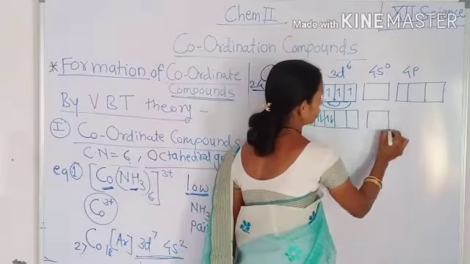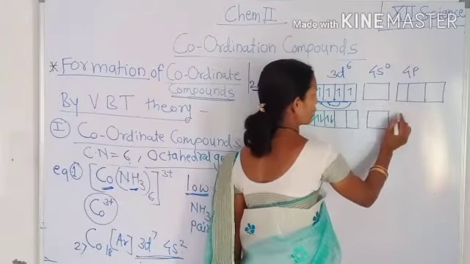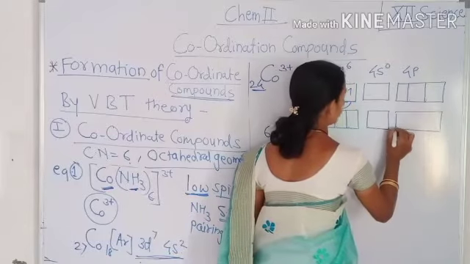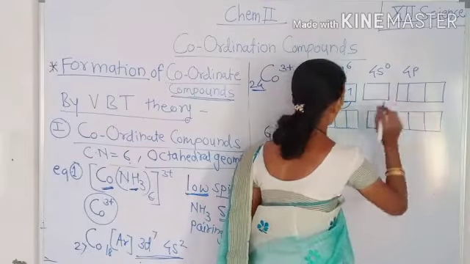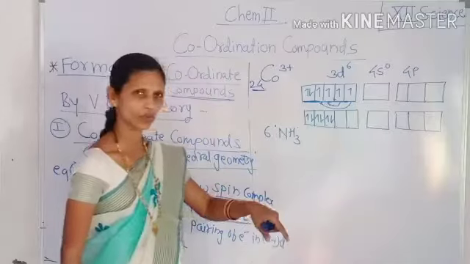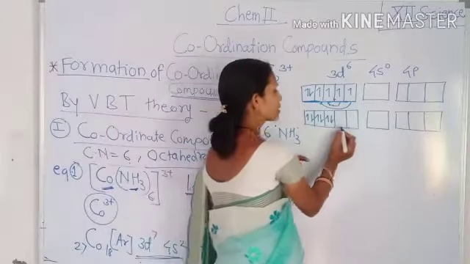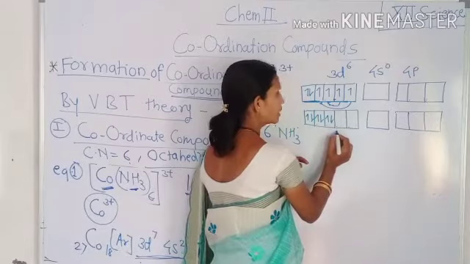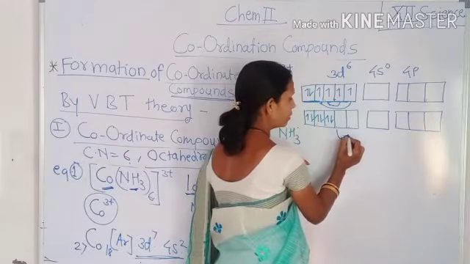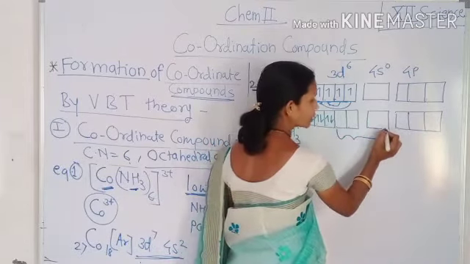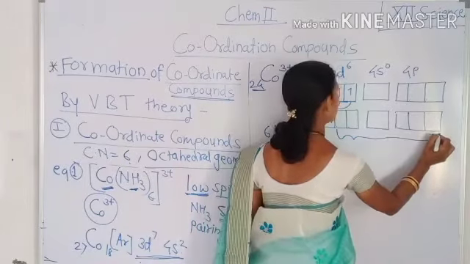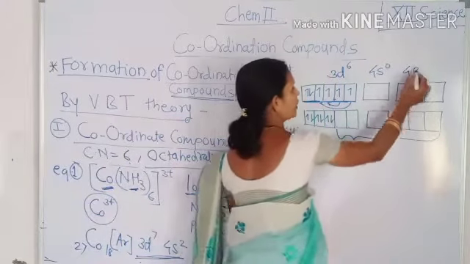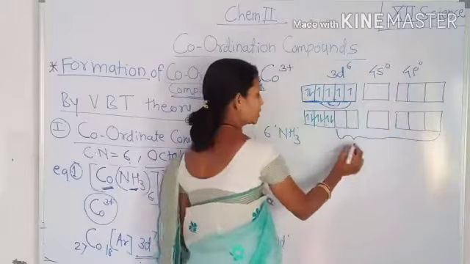And see here, the 4s orbital is vacant and the 4p orbitals are also vacant, and therefore these 6 orbitals, that is two 3d orbitals, one 4s orbital and three 4p orbitals, are involved in the hybridization.